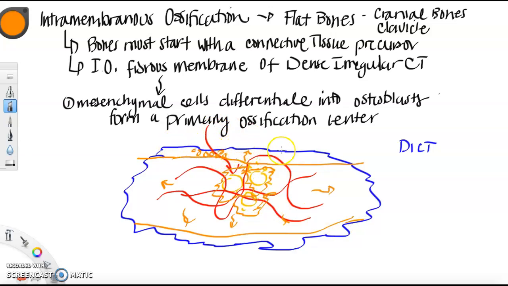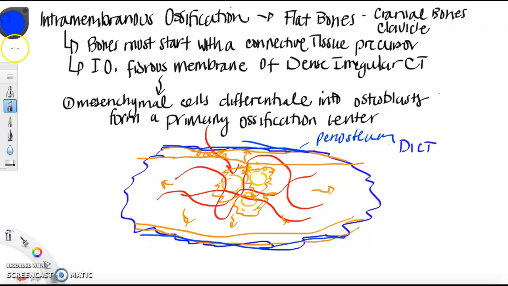What's left of this dense irregular connective tissue here is going to end up being, put the bone here and bone here, kind of like a sandwich, like that. Then this dense irregular connective tissue that's left there becomes the periosteum. Outside. So this would be the periosteum.